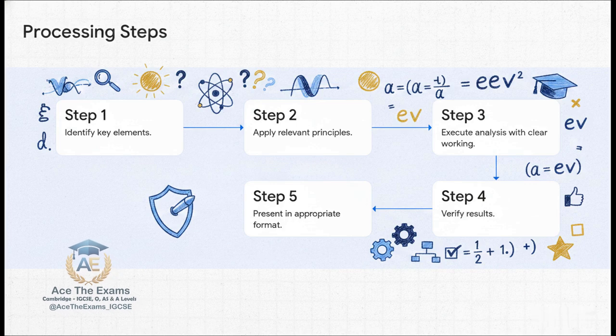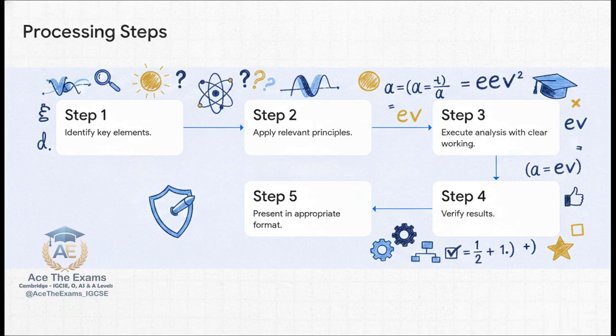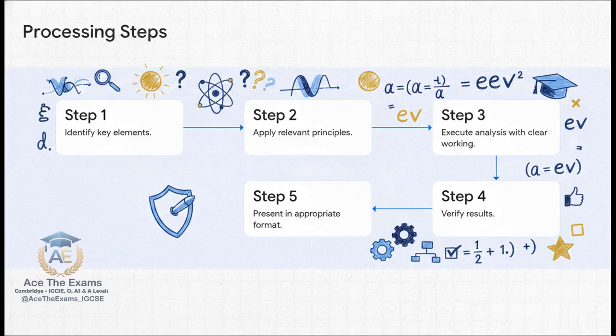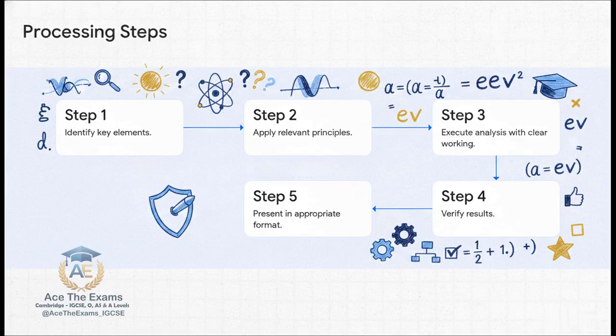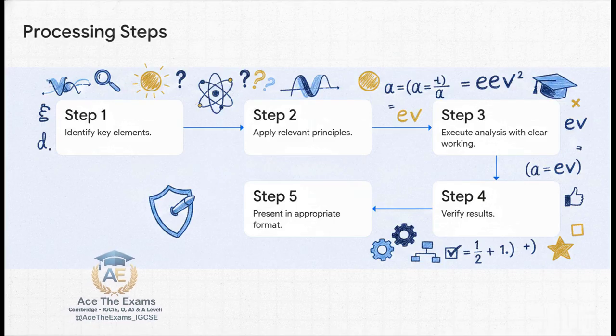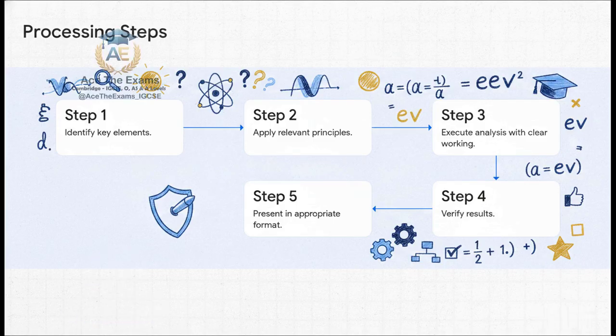First, identify the key elements in the prompt. Second, state the relevant principles. Third, execute your analysis with step-by-step clear working. Fourth, verify the results. And fifth, present your final answer in the appropriate format. If you make this sequence a deeply ingrained habit, your working will naturally earn maximum method marks every single time. Your red pen marks from practice papers will literally transform into green check marks.